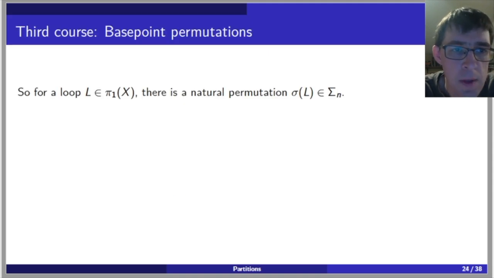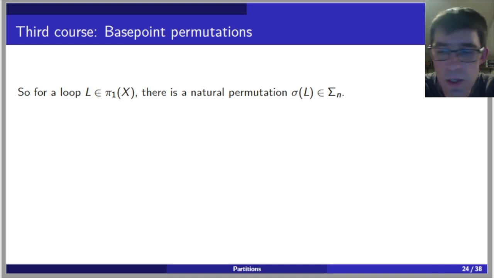All right. So the third course involves this kind of stuff, and I'm going to say this in terms of base point permutations. So if we have a loop in the domain, it induces a natural permutation in the symmetric group. This is Sigma_n, how I'm writing the symmetric group on n elements, right?